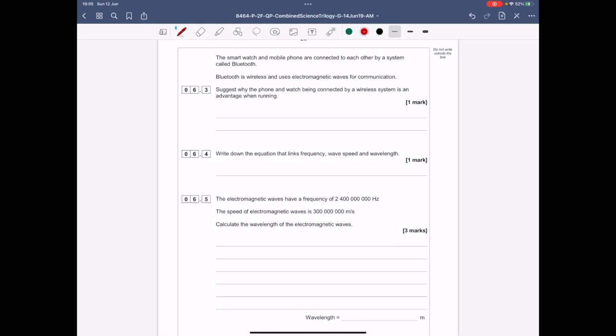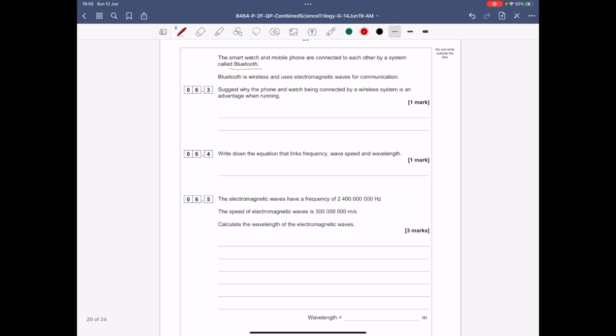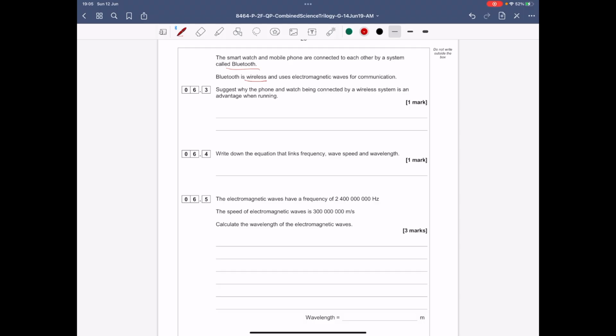The smartwatch and mobile phone are connected to each other by a system called Bluetooth. Bluetooth is wireless and uses electromagnetic waves for communication. Suggest why the phone and the watch being connected by a wireless system is an advantage when running. Okay, so it's a common sense 1 mark suggest question.